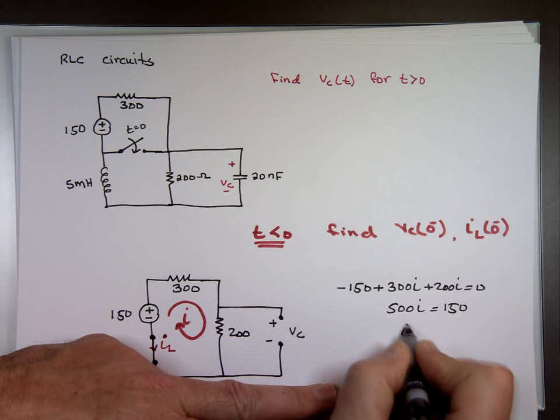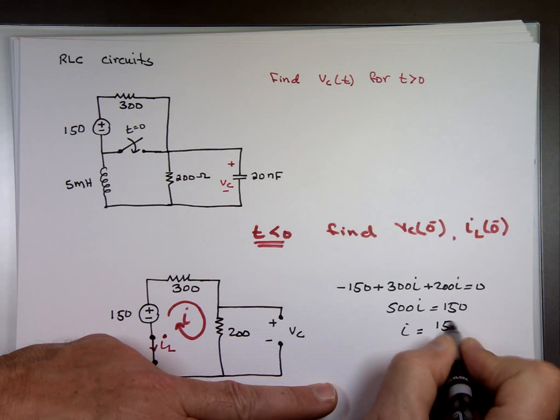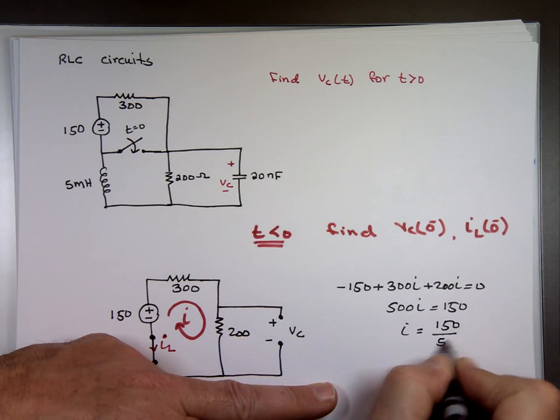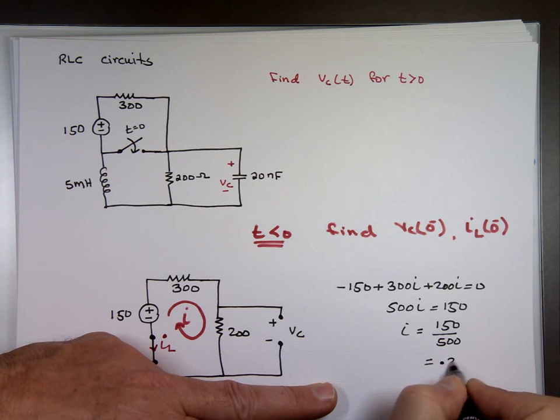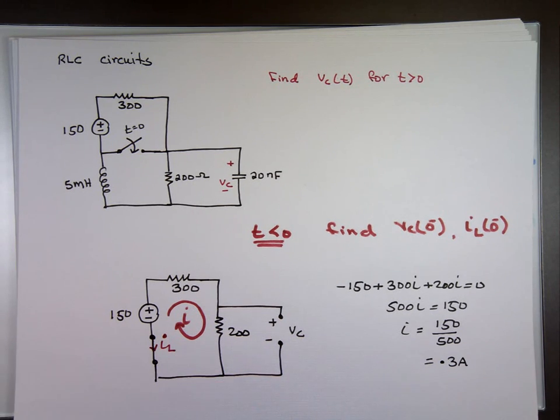What's I equal to? 150 over 500, which is 0.3 amps. Move the decimal point 2 places. 300 milliamps. Yep.